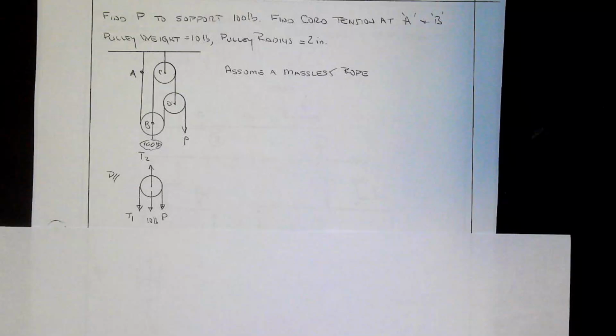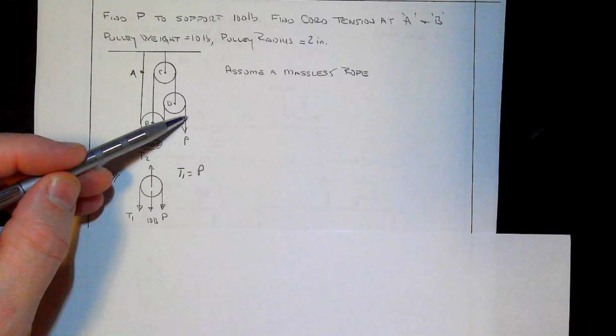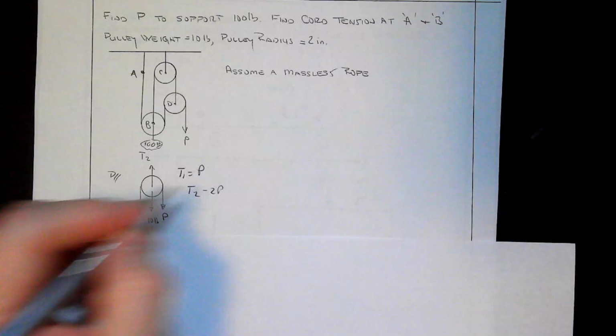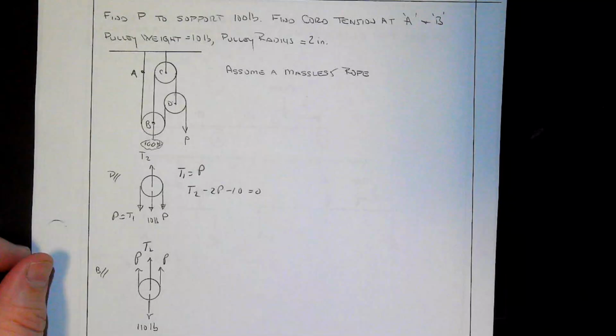All right, so getting on to this first problem, we have a pulley system, and we're pulling on the rope here, and the question is what is the tension in this rope and what is the tension in that rope to support this 100 pounds. Now in a lot of our problems we tend to have the pulleys be massless.